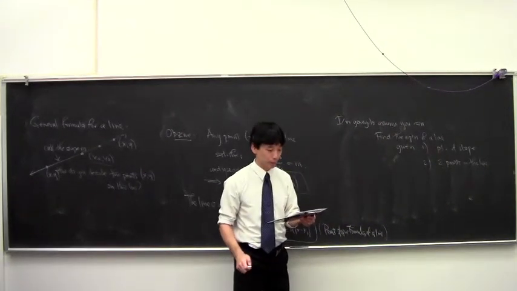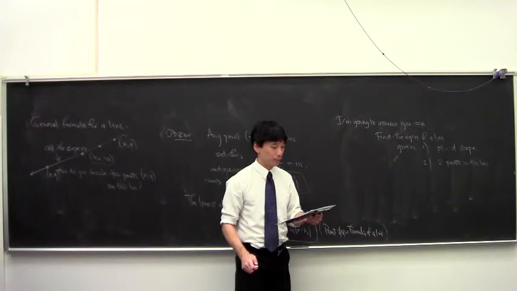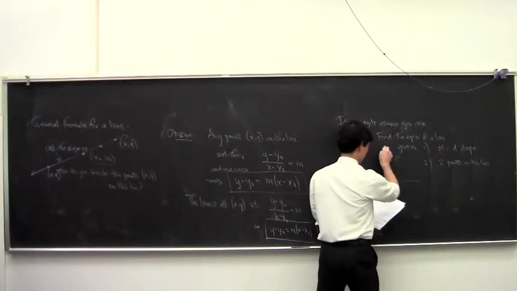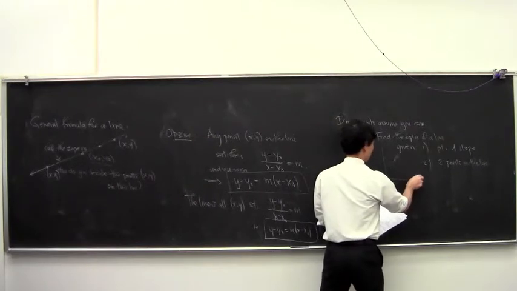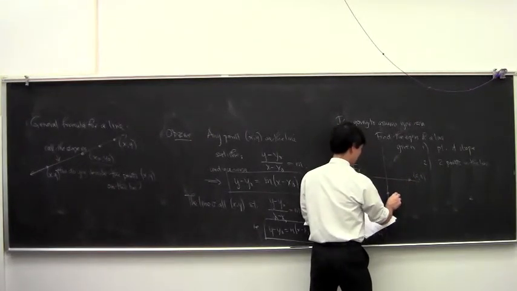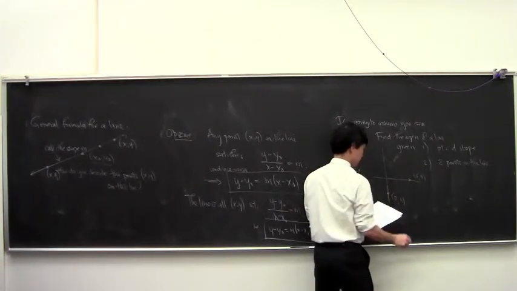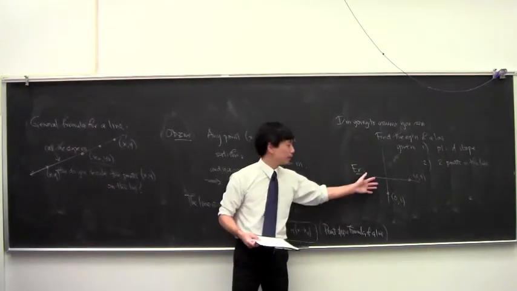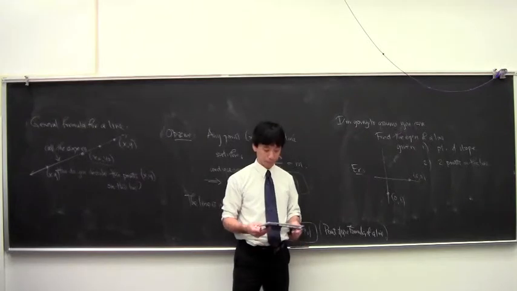I figure you can do that. So, for example, if I give you a point (a, 0) and (0, b), take half a minute and write down an equation for this line.